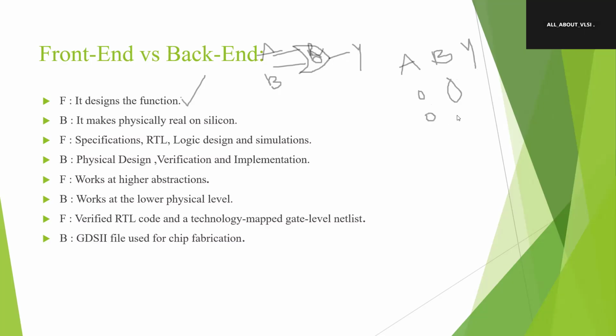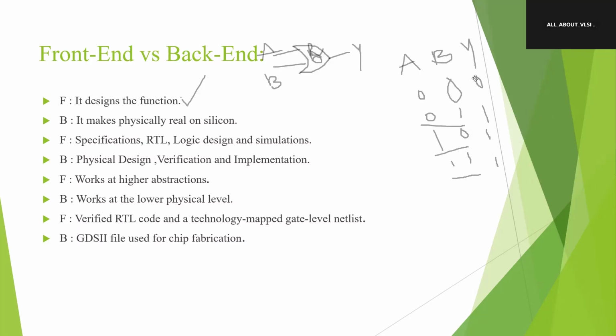0, 0, 0, 1, 1, 0, and 1, 1. What is the logic for the OR gate? If any one of the inputs is high, it gives output as 1, which means high, right?